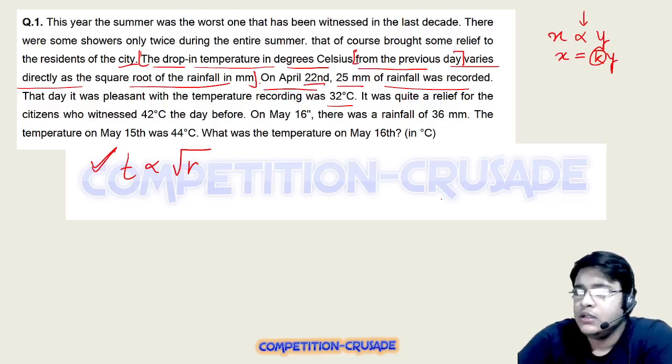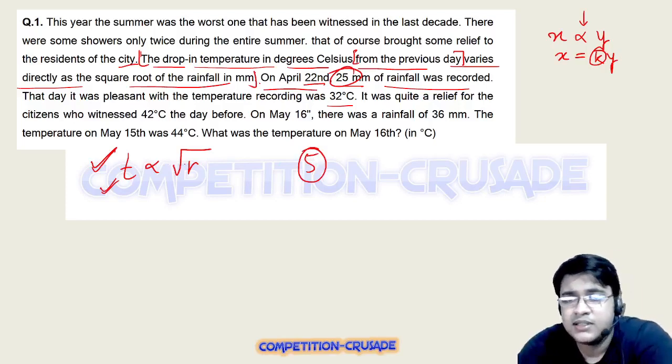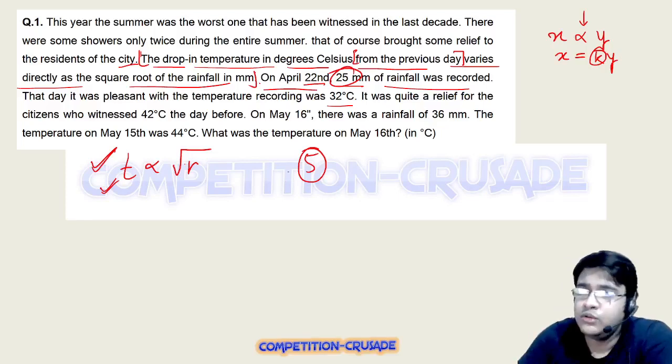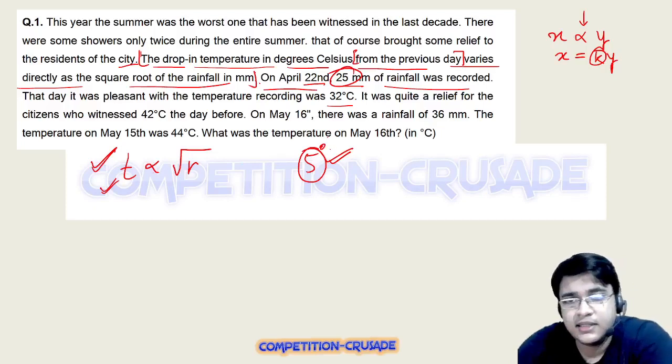Having said that, this is pretty much understandable that the moment I see 25 millimeter of rainfall, I know that the root is 5, because the drop in temperature is proportional to root over r. So I know that this is 5 degree Celsius difference.